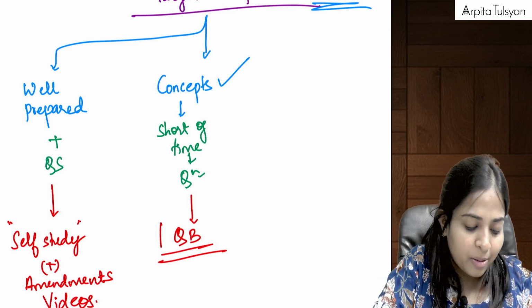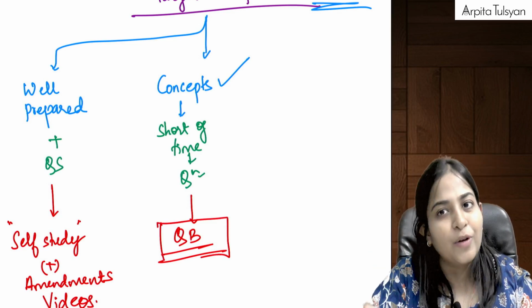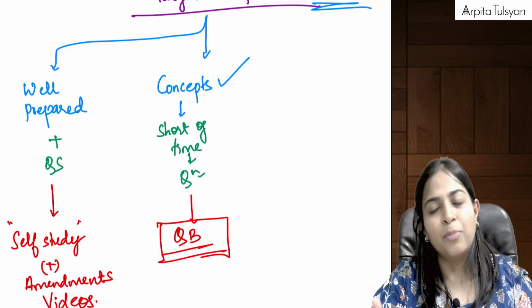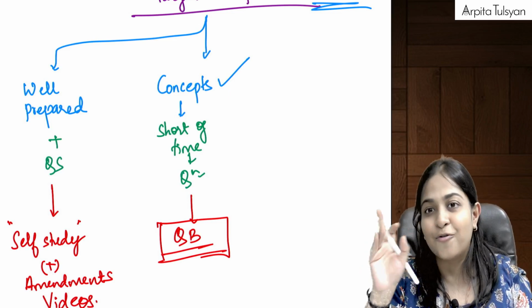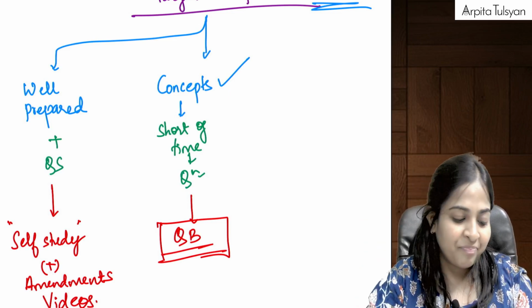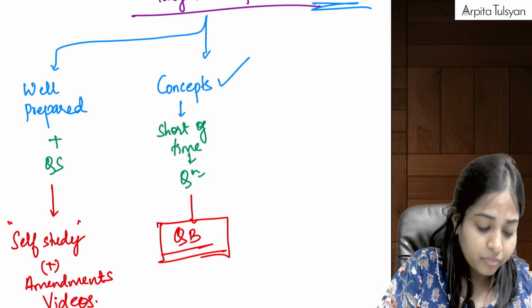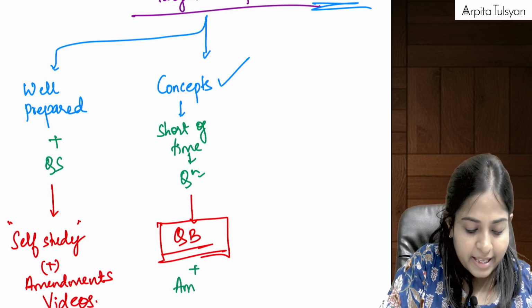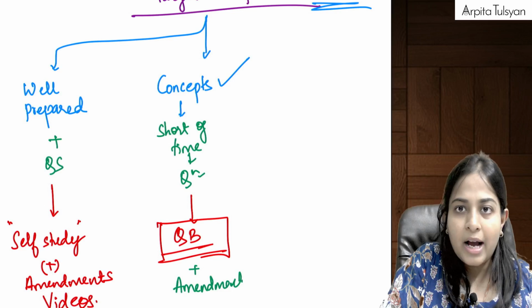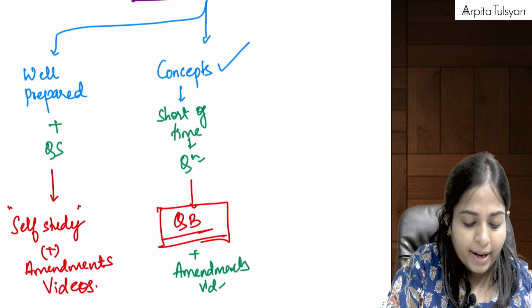The question bank will be the area of focus. Concepts, obviously, you will have to revise from the concept book, and for solving the question answers you will have to follow the question bank. And definitely we have to do the amendments because there are amendments. Again, I will be providing the amendment video to you.